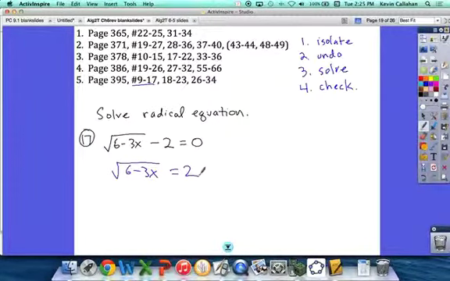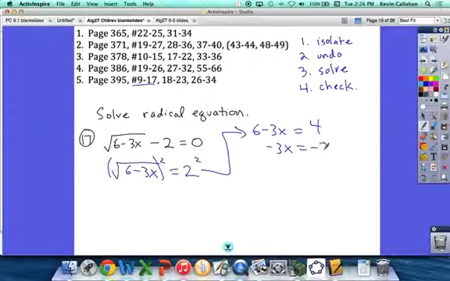Undo a square root. Square it. Now, the square of a square root, they cancel each other out. And 2 squared is 4. Subtract 6. Divide by -3. Two-thirds.